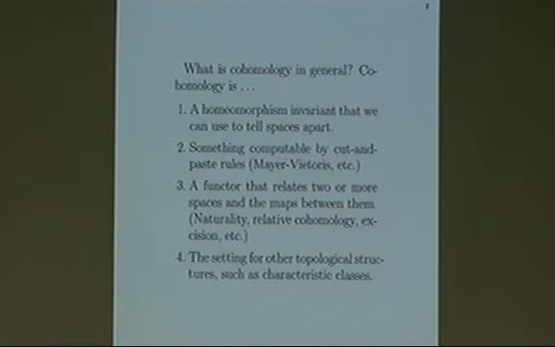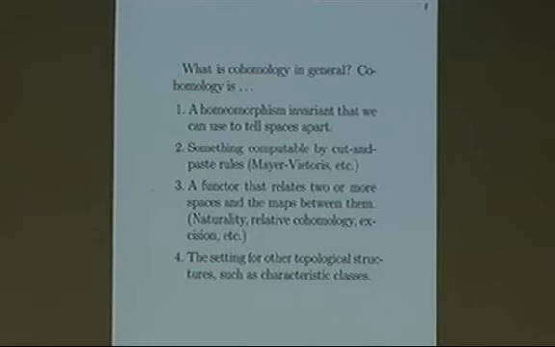It's, okay, we want to understand vector bundles over a space. So we figure out what their characteristic classes are, and those live in the cohomology ring. So once you understand cohomology, that gives you the tools to do a whole bunch of other stuff with algebraic topology. So let's go to the next slide.